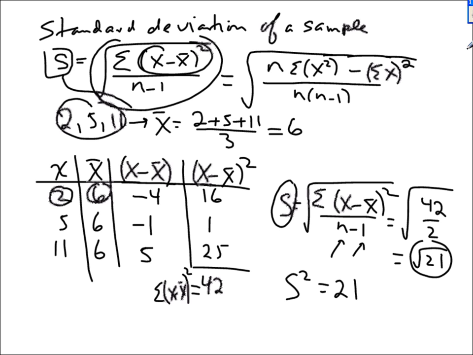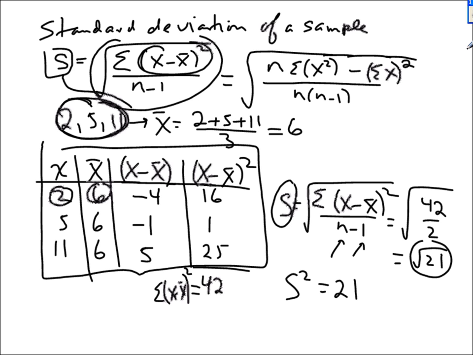And you need to be mature enough, where you're just given this, to know that you need to complete this table. You need an x bar. You need a heading for x and a heading for x bar. Why? Because then you can subtract them. Then you can subtract x minus x bar. And then you have to square it. So I took all the numbers in this column and I squared them.